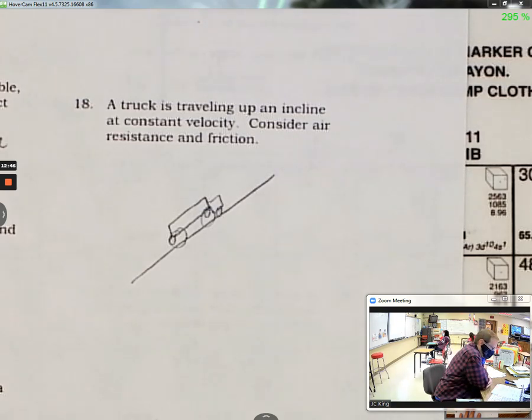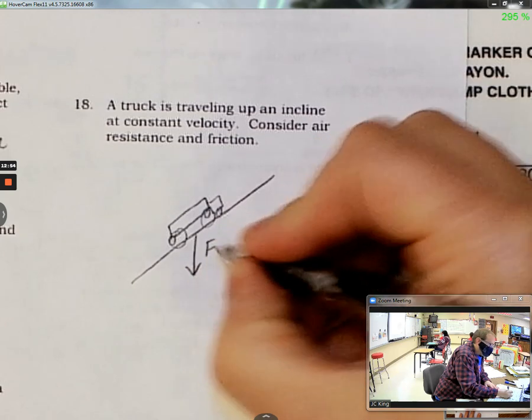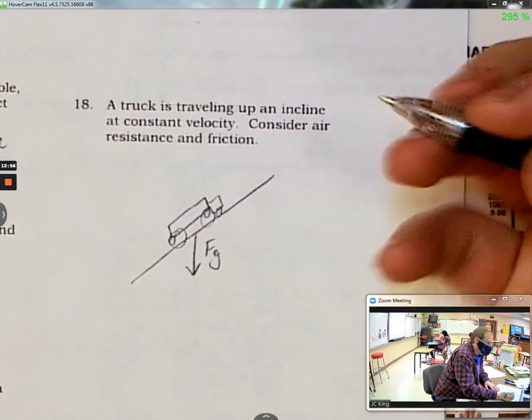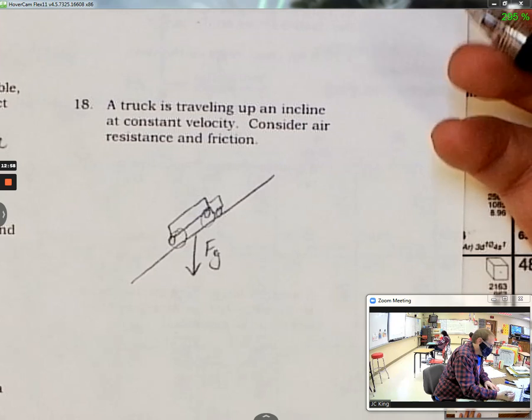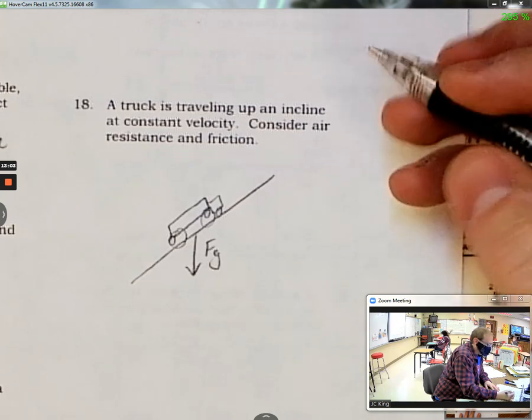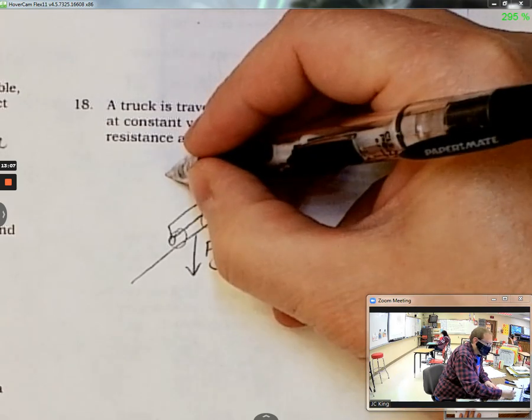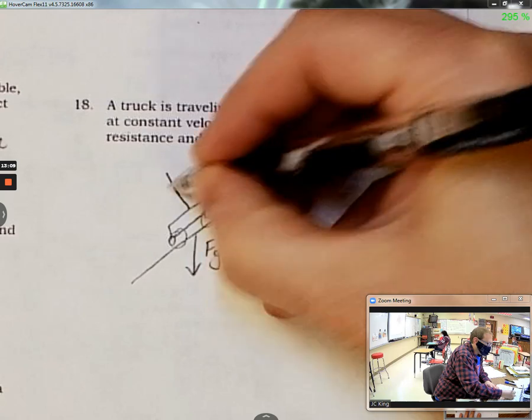So, help me out here. Gravity is pulling what direction? Down. Good. Gravity always pulls toward the center of the earth. Good. Where's the normal going to pull? Is it going to be straight up? No, it's perpendicular, right?